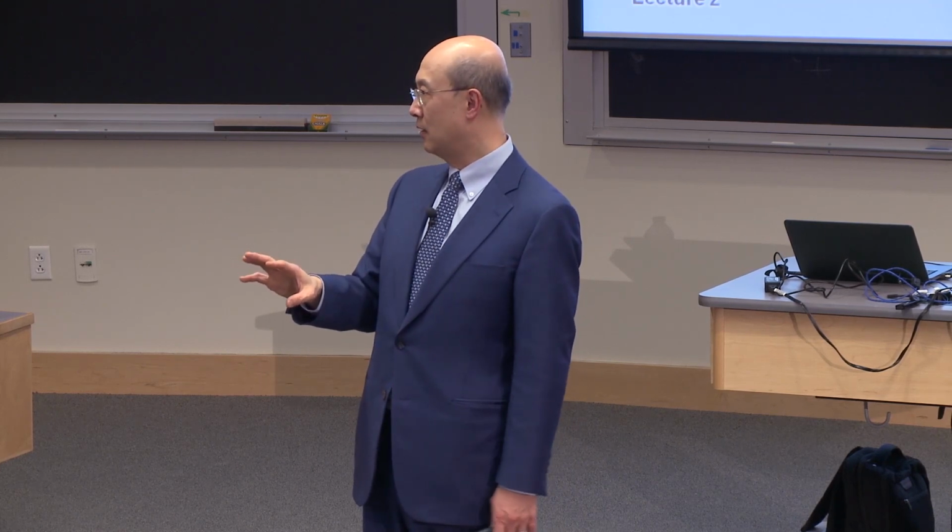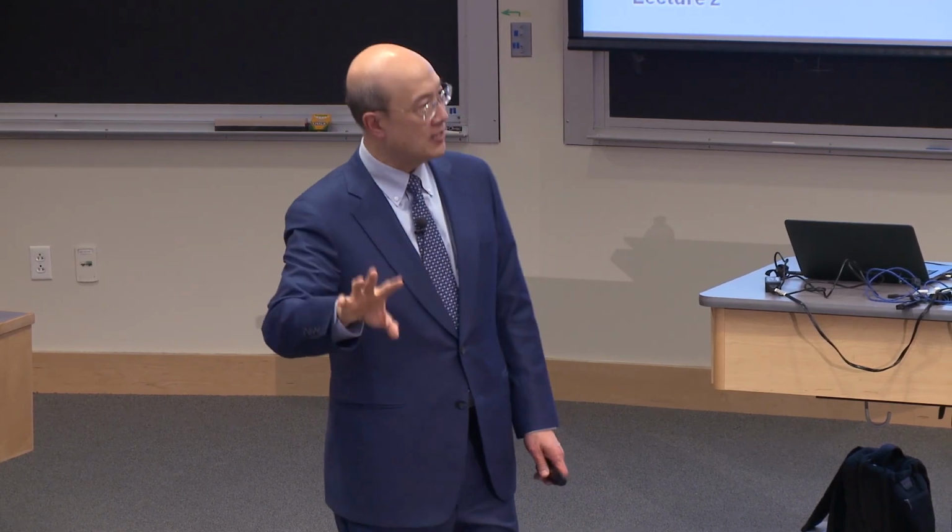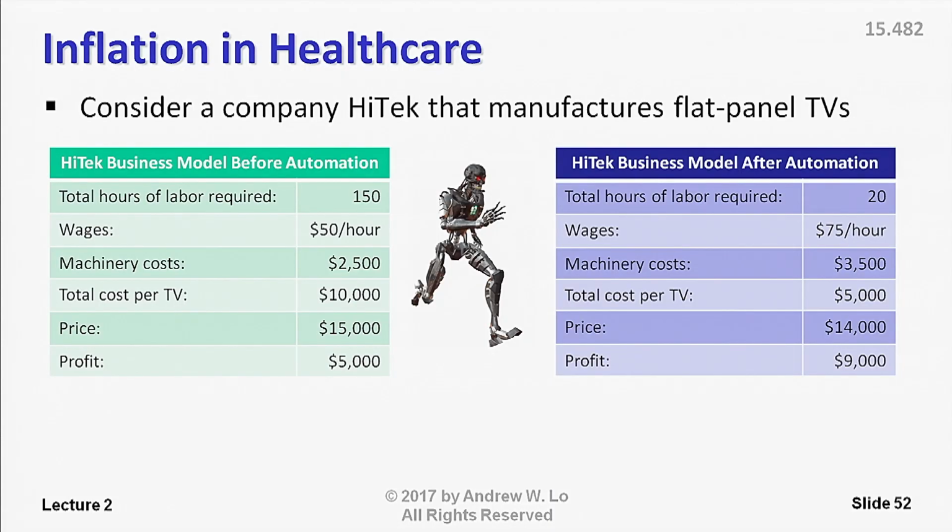Big raise, all right? And I have to use a more expensive machine. That's part of the automation. So instead of paying $2,500, I'm going to pay $3,500 for the machines because I've automated it. And now, because my TV only costs me $5,000 to build, I'm going to cut my price down to $14,000.